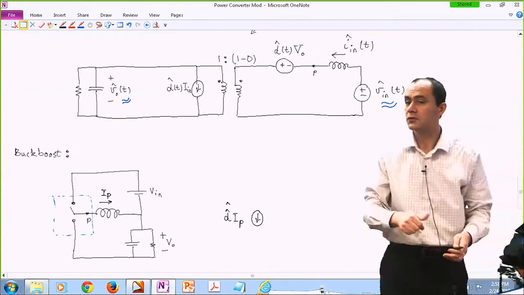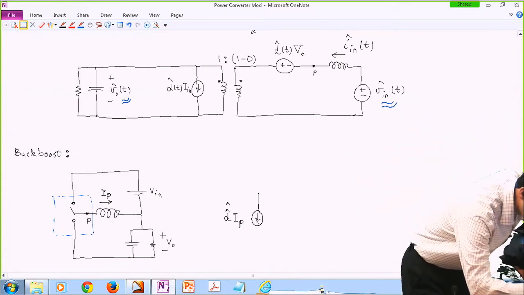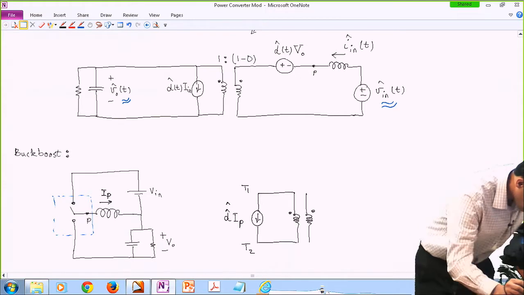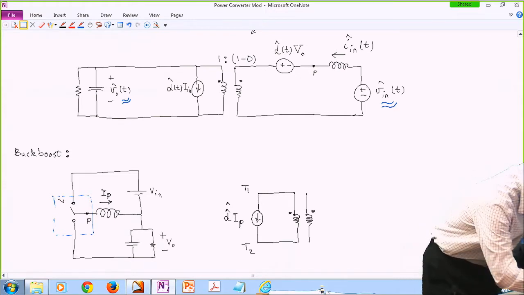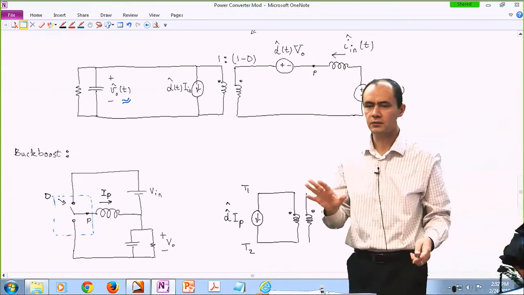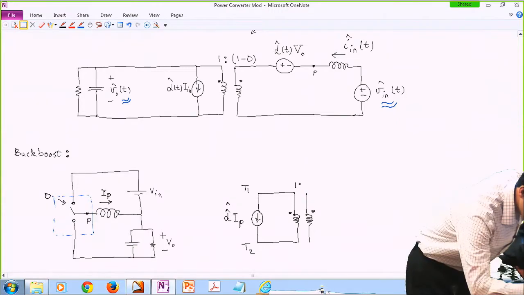IP is always flowing from left to right. And by the way, D, this is our active switch, and D is determined by that, so no problem, and we don't have to mess with D prime at all. So this is 1 to D.